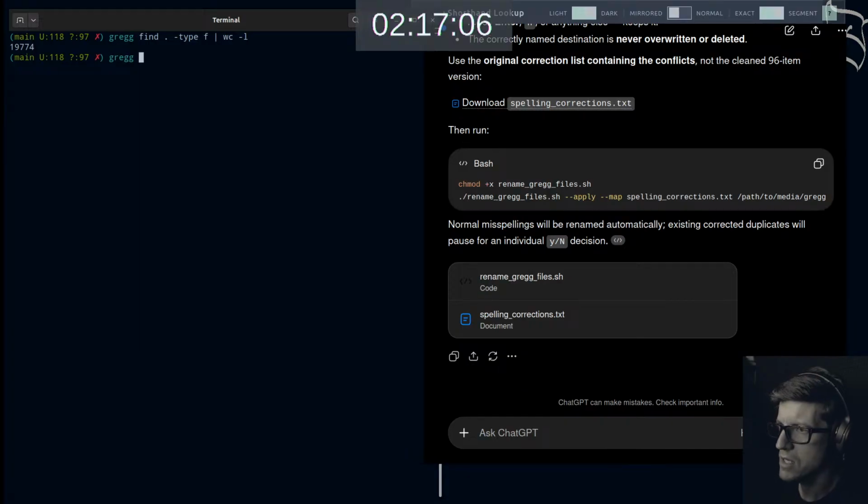And yeah, we're sitting right around 19,774, which is what we wanted. Right now I'm going to do one more run of the file names, upload that to ChatGPT so it can scan through and see if there are any other words that need to be changed, because, like most things, the first iteration is almost never the one that you want.